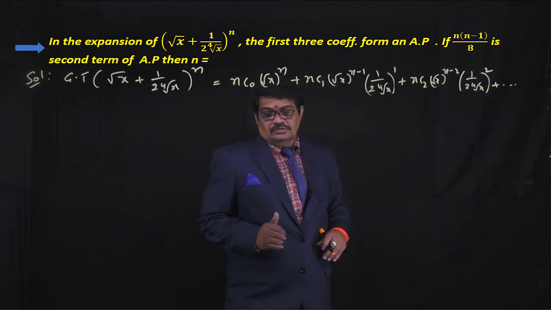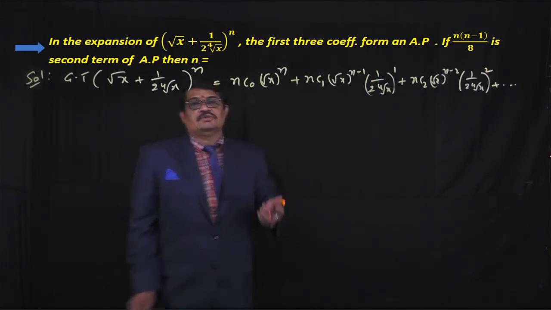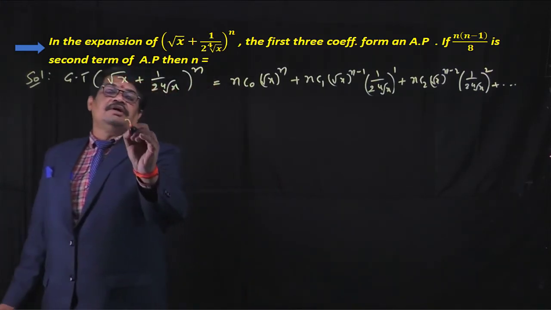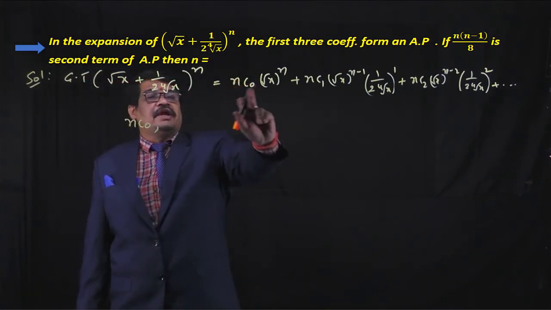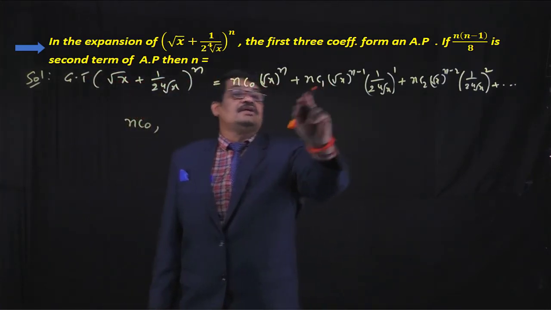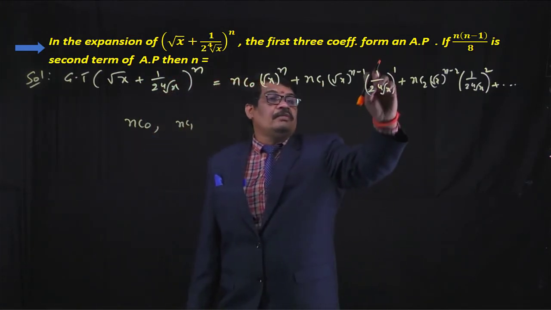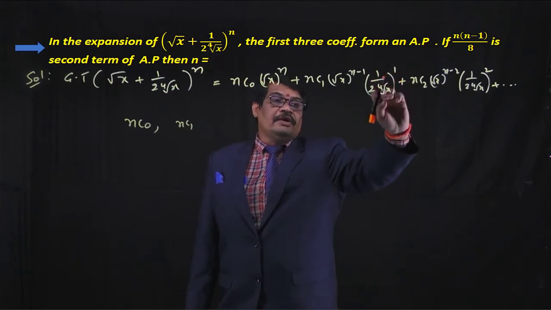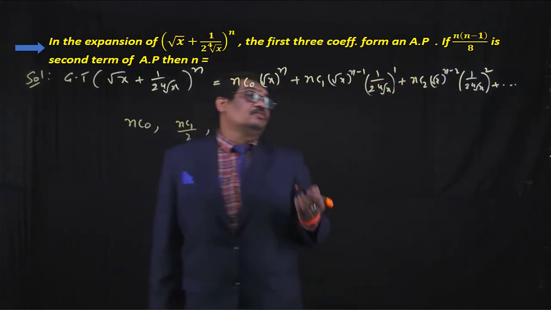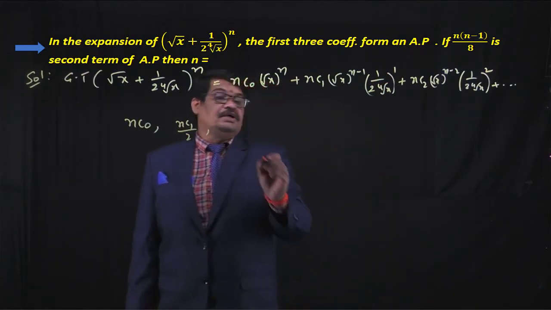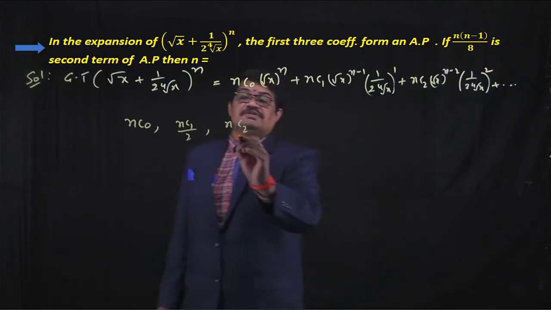Now we have to write the coefficients of the first three terms. So the coefficients are: nC0 is the coefficient of the first term. In the second term, nC1 into 1 by 2 is the coefficient, and the third term coefficient is nC2 into 1 by 2 square, that is 1 by 4.